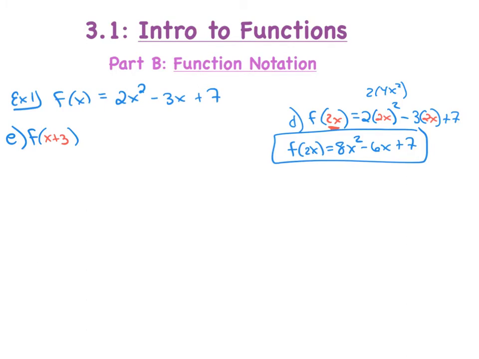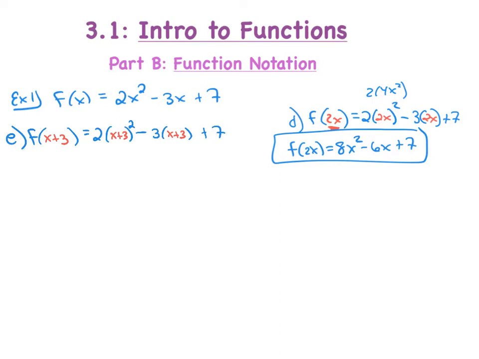Let's do f of x plus 3. So everywhere I see an x, I'm going to replace it with parentheses. 2 parentheses squared minus 3 parentheses plus 7, so that I can easily put in x plus 3 into each of those parentheses. Okay, now I do have a little bit of simplifying to do here.